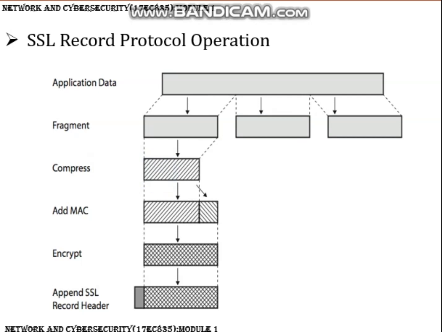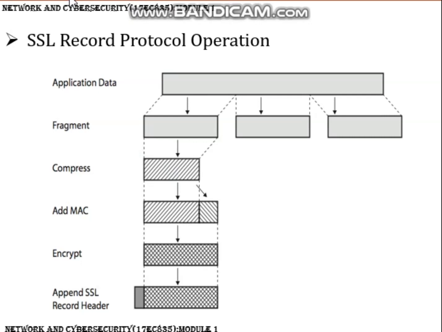Compression must be lossless and may not increase the content length by more than 1024 bytes. In SSL v3, as well as the current version of TLS, no compression algorithm is specified, so the default compression algorithm is null.